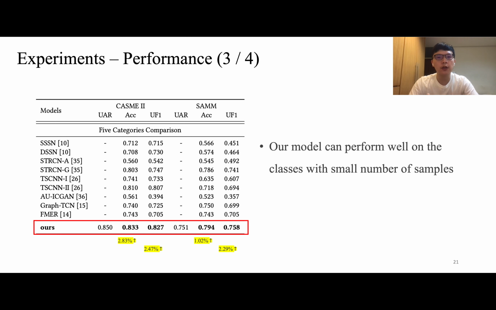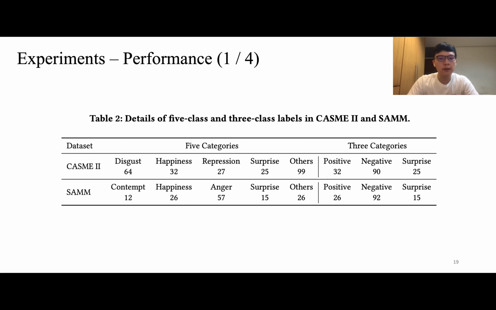It has higher accuracy and F1 score on those classes. For example, surprise only has 25 samples and disgust 64. However, our model can also perform well in classifying surprise, and this is why we can obtain higher performance.